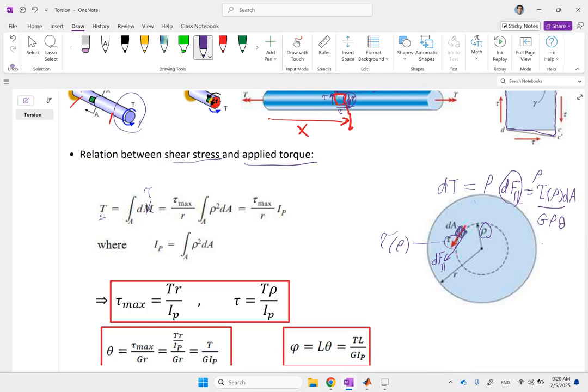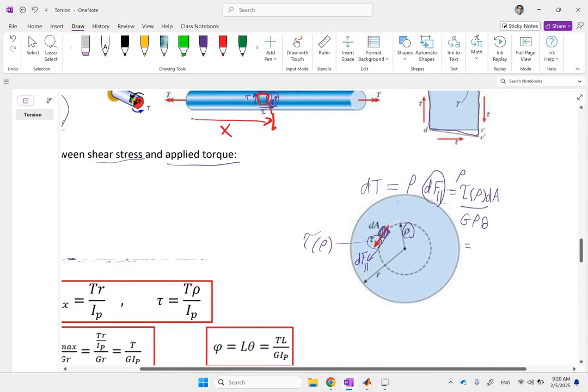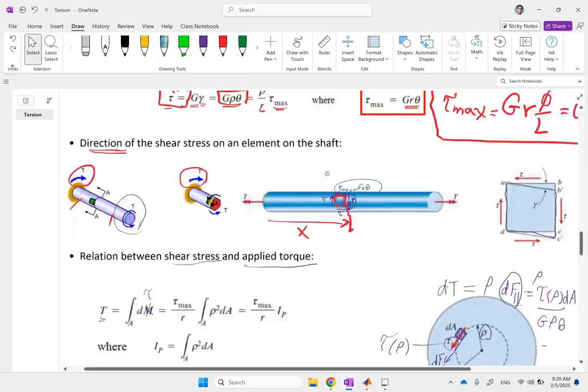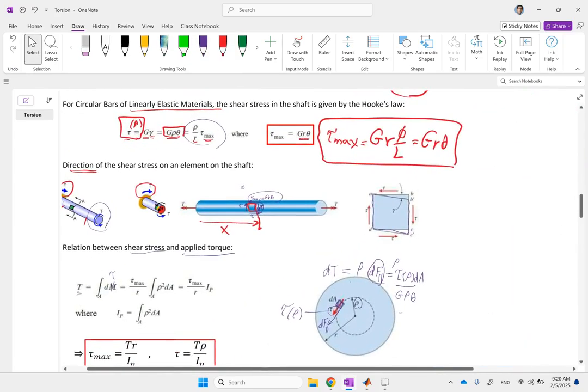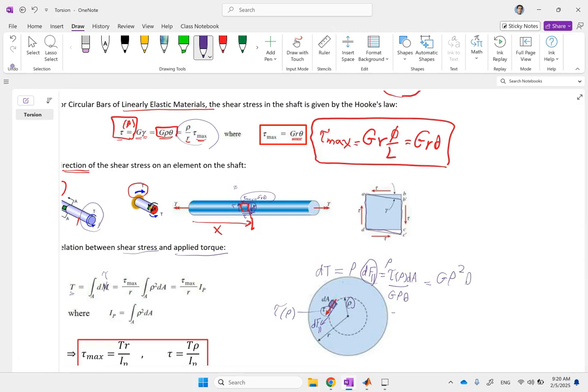Or the other way to show it, if you look at this other formula that we had, it was rho over R tau max. So this is either going to be G rho squared theta dA, or you can write it as I said, rho over R tau max, and then multiply by rho.